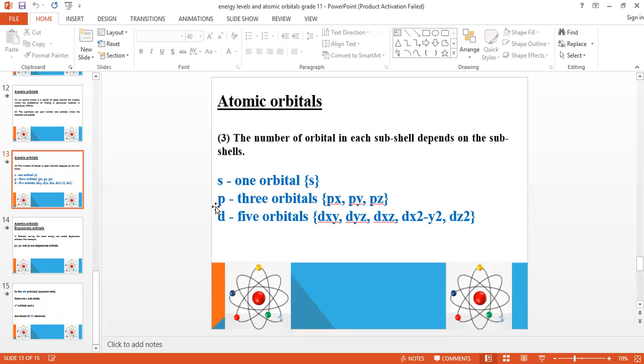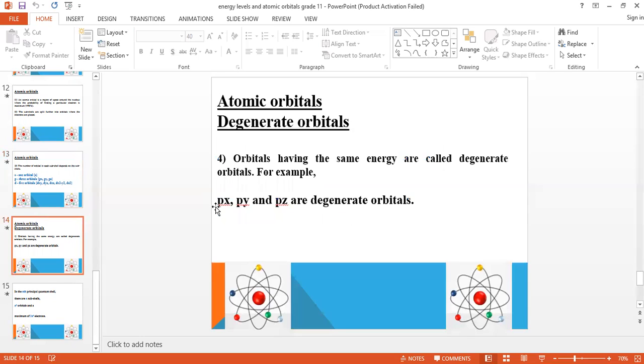Because it's the second shell, in order 2p. Understand? So you must know how to draw the shapes of atomic orbitals of S and P. Any problem?